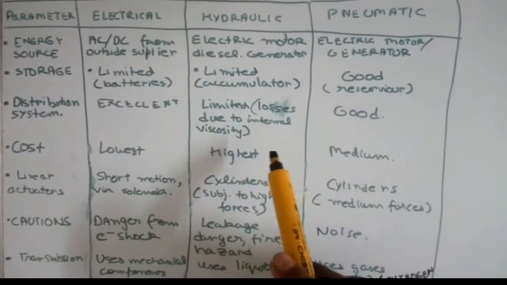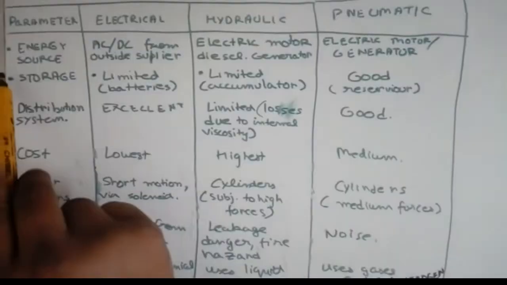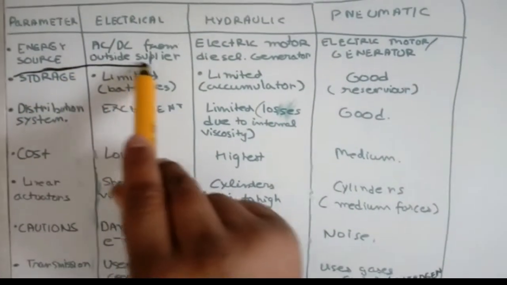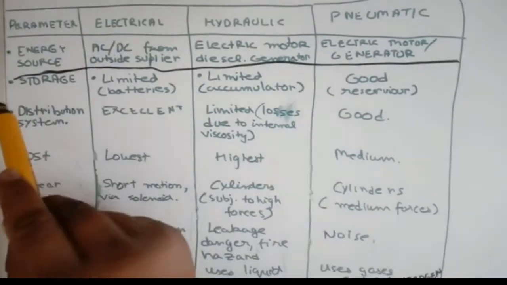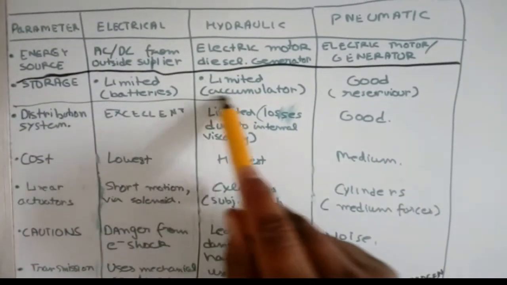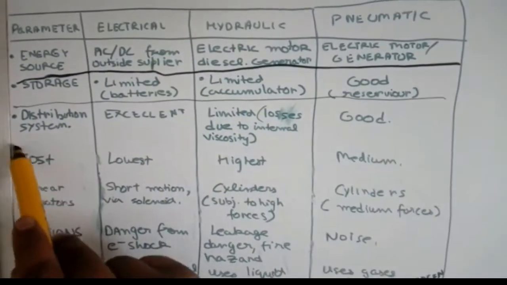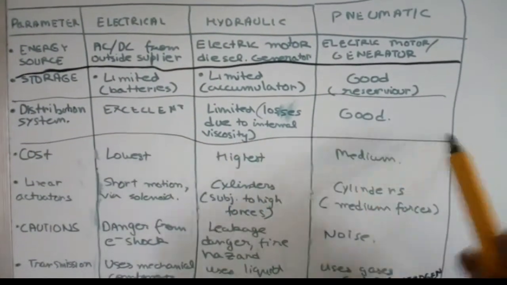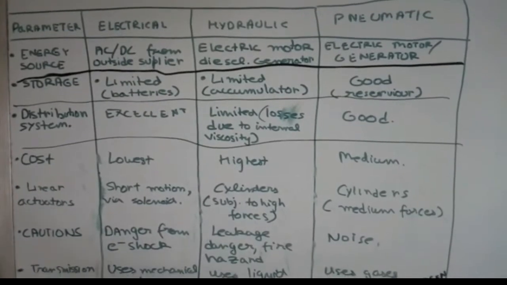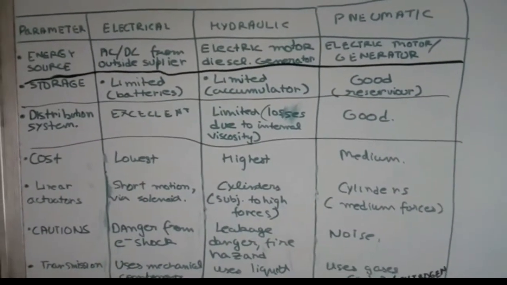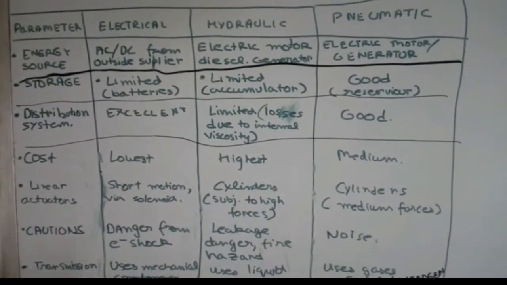In hydraulics, let's make a difference with lines from there, so that it doesn't look messy. In hydraulic systems we have limited distribution because of internal viscosity. This is a very important property.